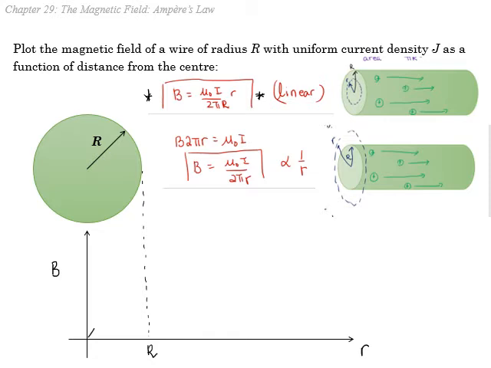It means the magnetic field inside the wire increases linearly. So if we're inside, it's linear, because B is proportional to r. At the peak value, that's an interesting point, and we should figure out what that is. That's where we get our max value.